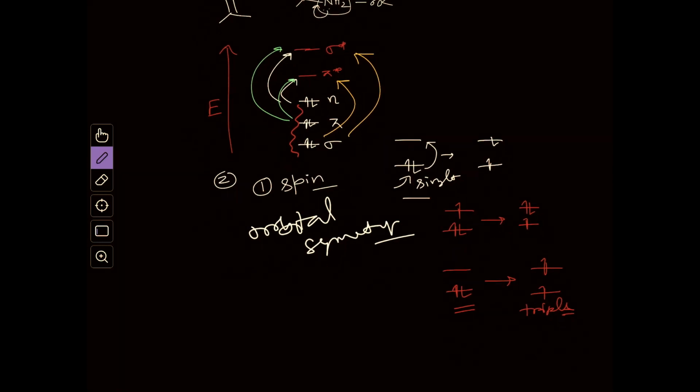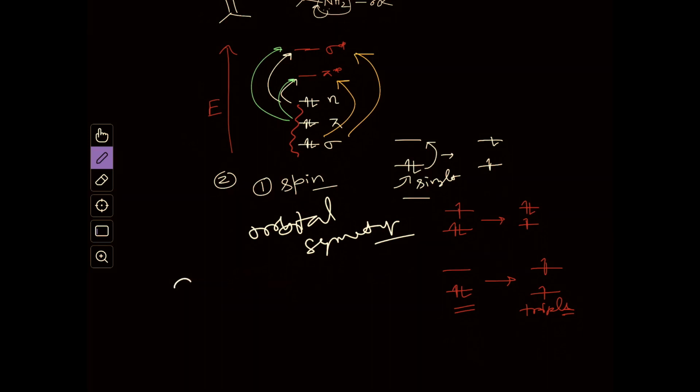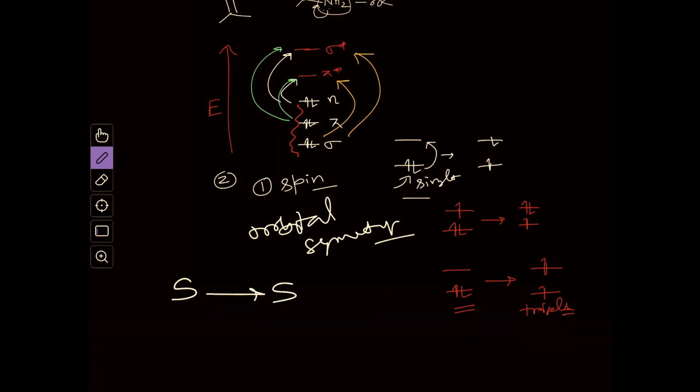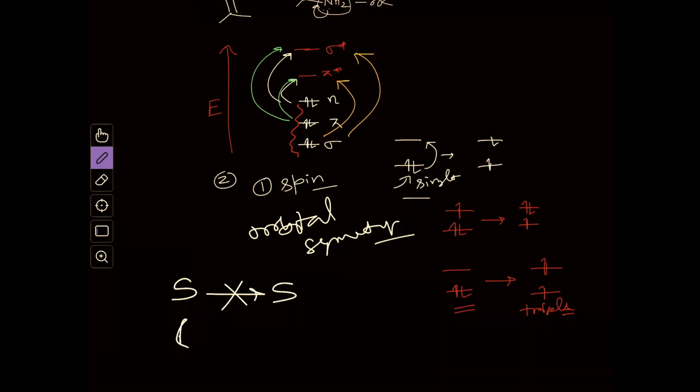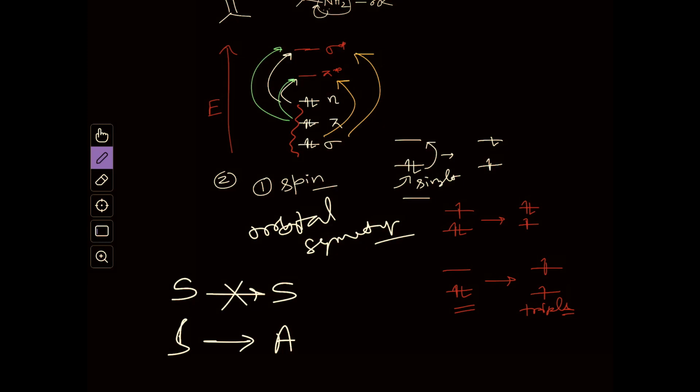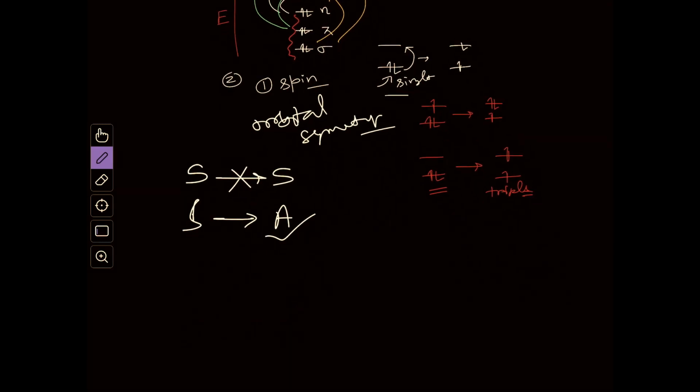What is that? In this case we say that transition between orbitals of the same symmetry is not allowed. For example, from a symmetric orbital to another symmetric orbital it is not allowed, but from a symmetric orbital to an anti-symmetric orbital it is allowed. What does that mean?